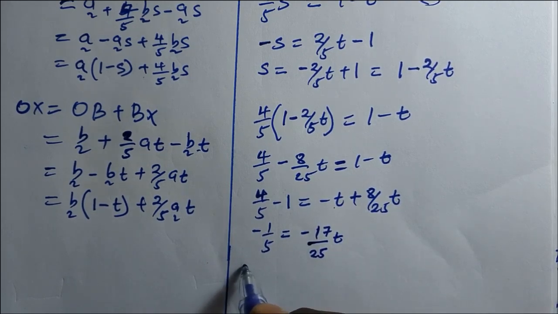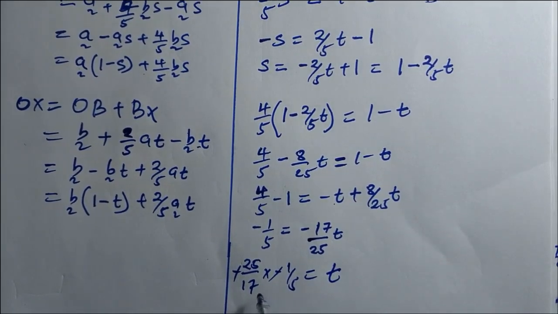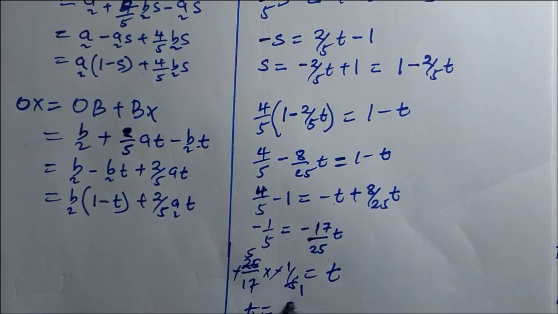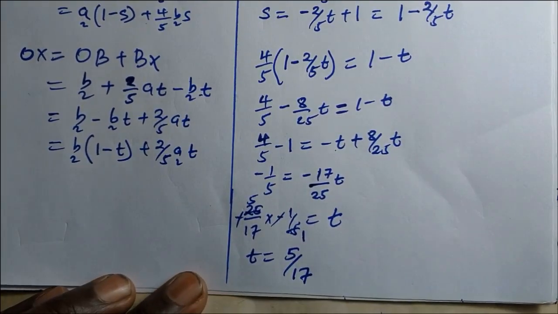The reciprocal will be 25 over 17 times -1 over 5, and the negative will go, and this one will remain T. So 5 here once, here 5. So T is equal to 5 over 17. That is our T.